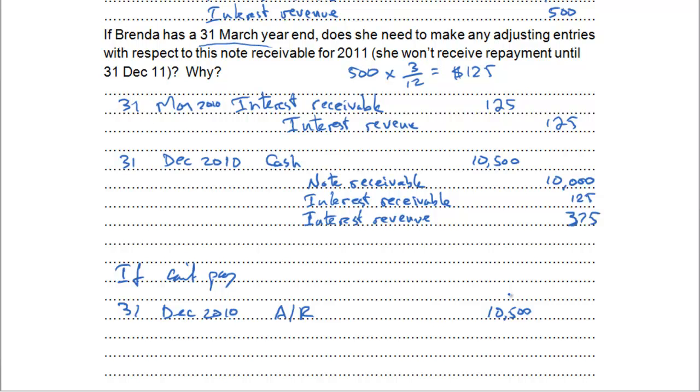The contract has been violated. You can still sue based on the fact that you had an agreement and they didn't pay, but you end up with an account receivable, and the note receivable, because it no longer exists, comes off your books with a credit.